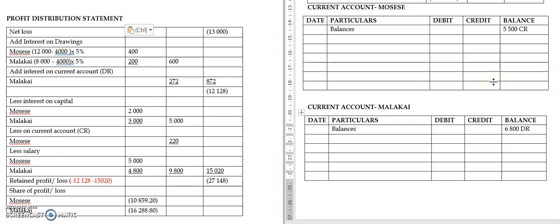So let's look at some of the information that needs to be placed under current account. We know we should have interest on drawings. Before we forget, we need to write drawings, 2. This information we can get from the question.